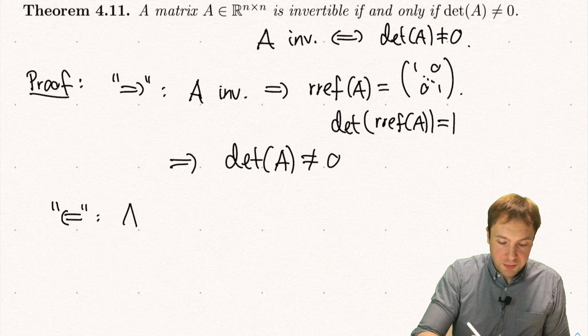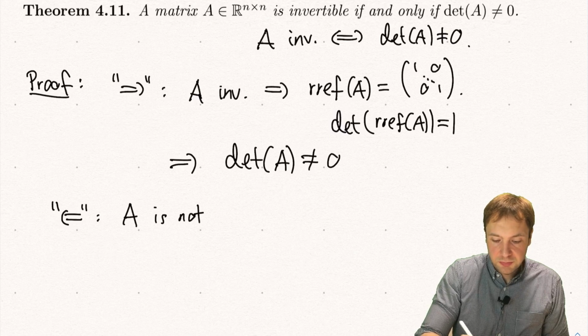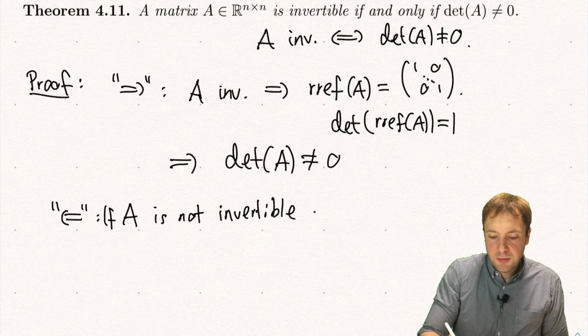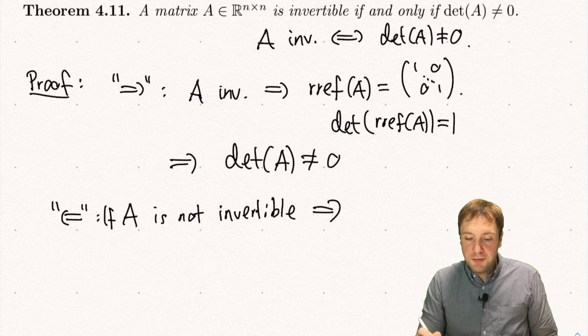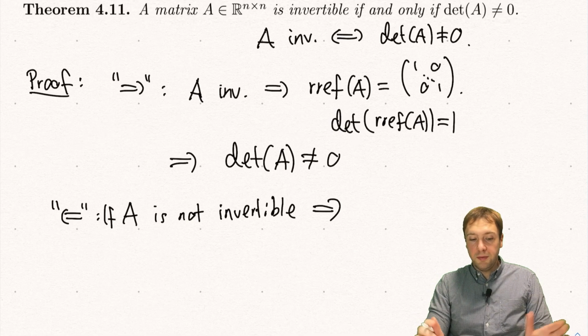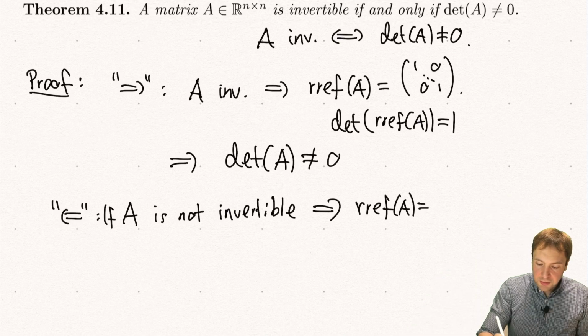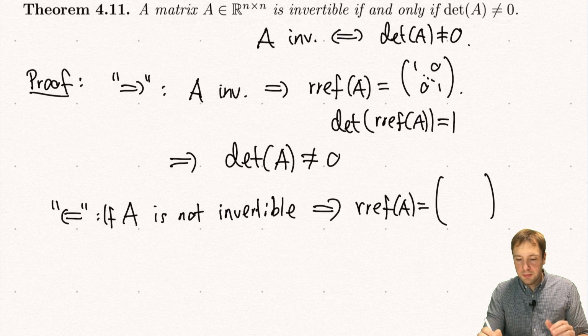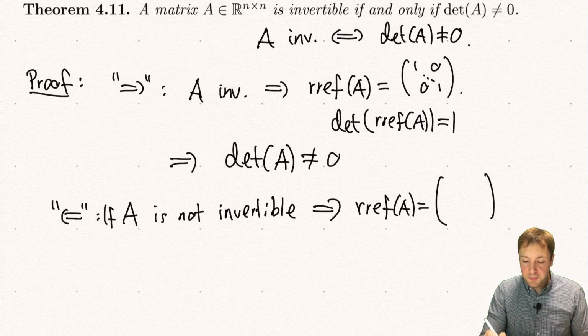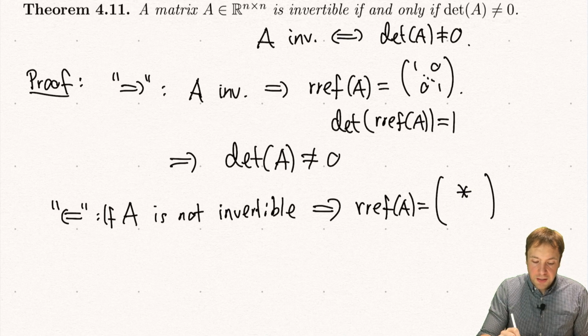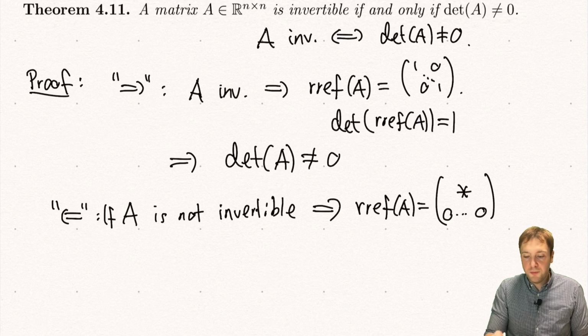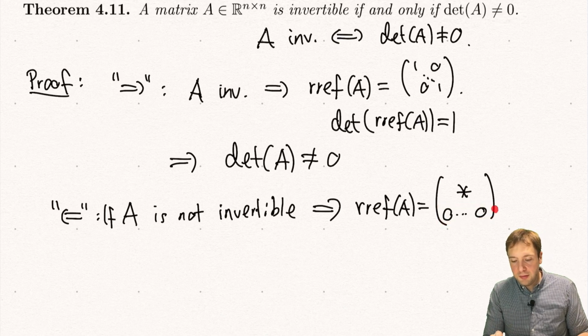So if A is not invertible, well, this meant that the rank of A is smaller than n, and the rank of A was exactly the number of non-zero rows in the row reduced echelon form. So if A is not invertible, then this means that in the row reduced echelon form of A, the last row is 0.